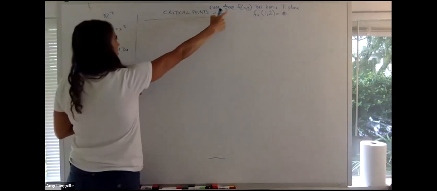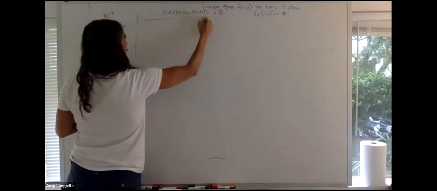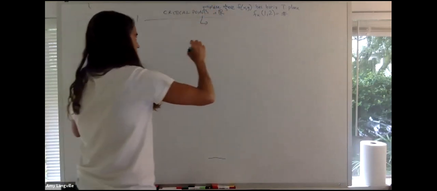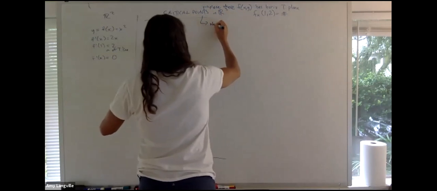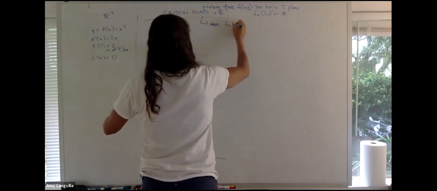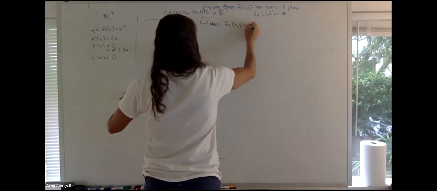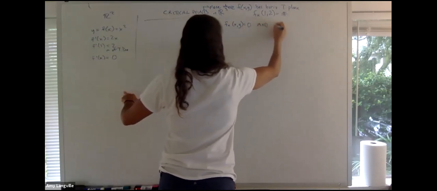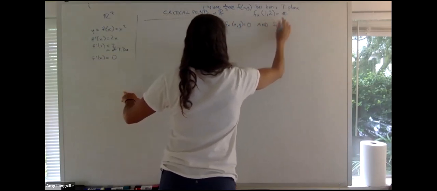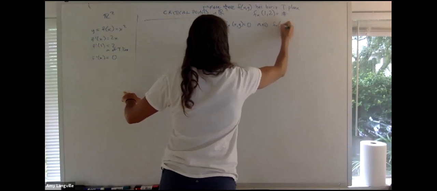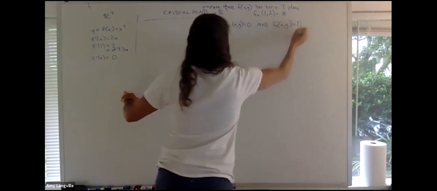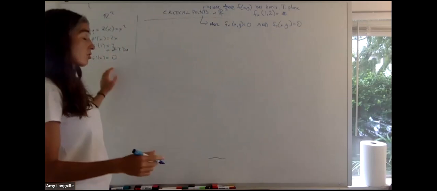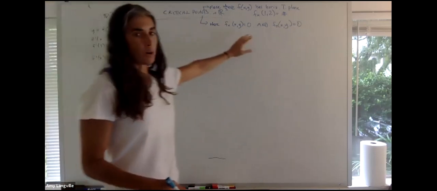Another way of saying it, it's a place where you have horizontal tangent planes, but it's also a place where f sub x at xy equals 0 and f sub y at xy equals 0. So instead of your first derivative equals 0, your first partials equal 0.